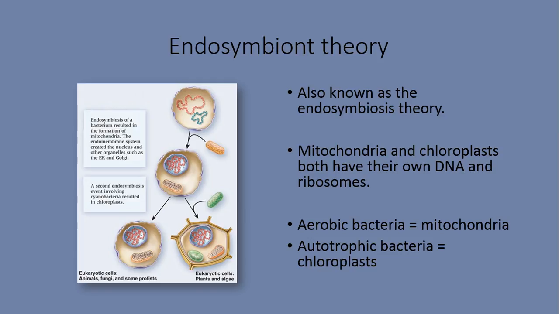So it is believed that host cells and bacteria formed an endosymbiont relationship, and then when the cell ingested both the aerobic and autotrophic bacteria, it didn't destroy them. Instead, a mutualistic or beneficial relationship was formed there. And through many years of evolution, the ingested bacteria became more specialized in the functions they were able to do, with the aerobic bacteria becoming what we refer to as mitochondria, and the autotrophic becoming the chloroplast.